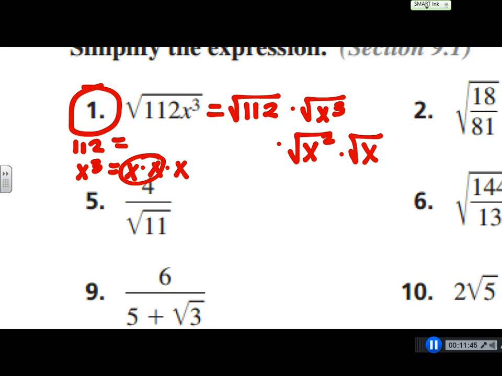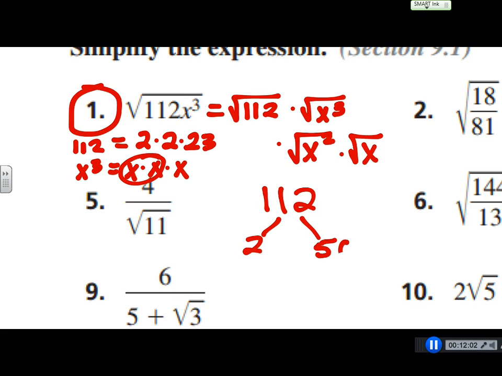I'll get it over here. 112. What goes into that? Okay, so we can say 2 times 2 times 2... If you were to divide 112 by 2, you would get 56. 56, you would divide by 2 and get 28.